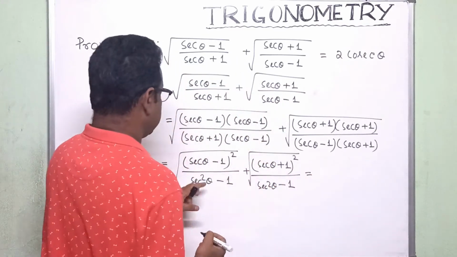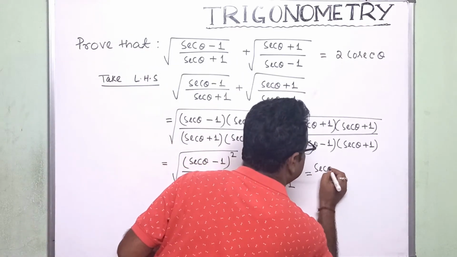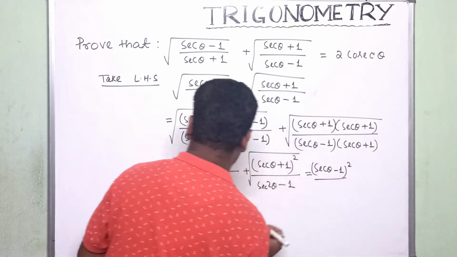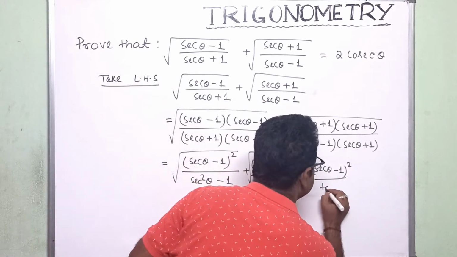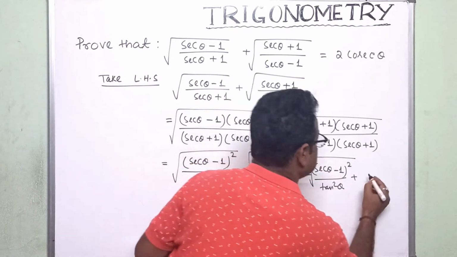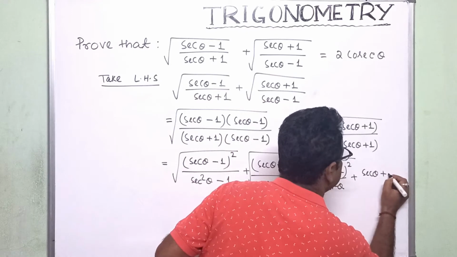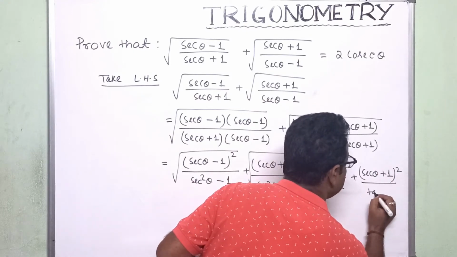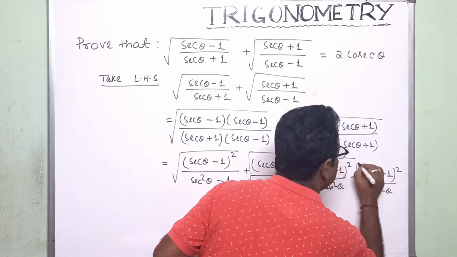That is equal to sec theta minus 1 whole square, sec square theta minus 1 is equal to tan square theta, whole root over, plus sec theta plus 1 whole square by tan square theta whole root over.